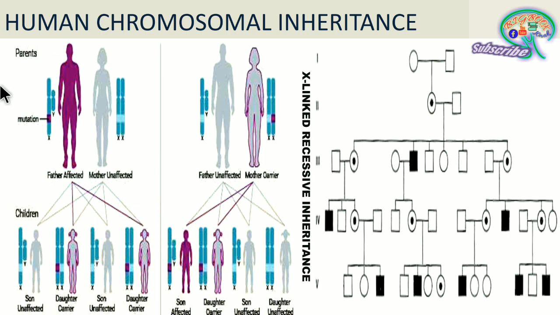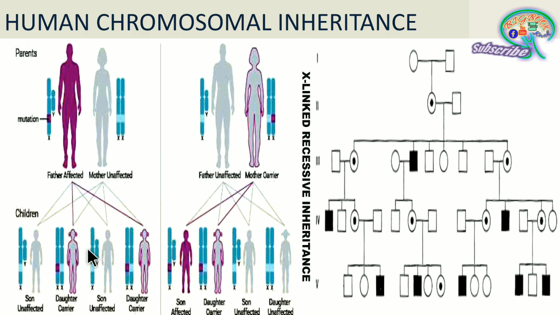Now when you consider this X-linked recessive inheritance, the male has the defective gene, which is recessive in its allelic form of expression. The male always passes the X chromosome to the daughters only.